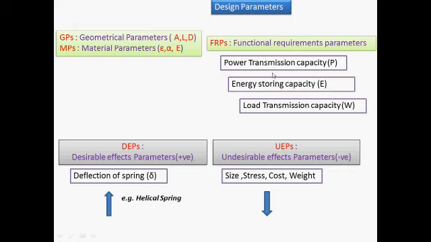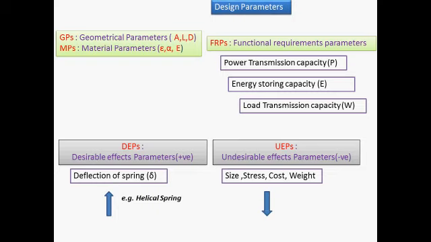Functional requirement parameters are again classified into two types: desirable effect parameters and undesirable effect parameters. Desirable effect parameters are the parameters which have a positive impact. Let us say the deflection of the spring. If the deflection of the spring increases, its load carrying capacity is going to increase.